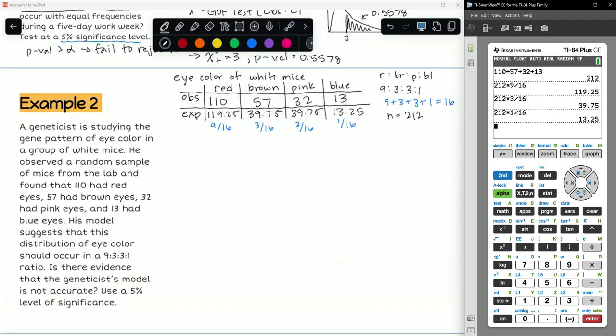So we'll go ahead and set up our null and our alternative. So null is the population matches the geneticist model.